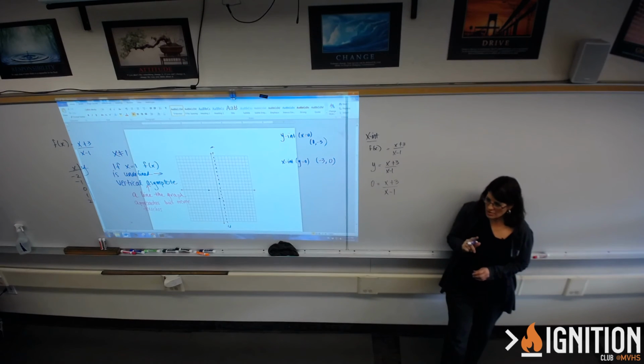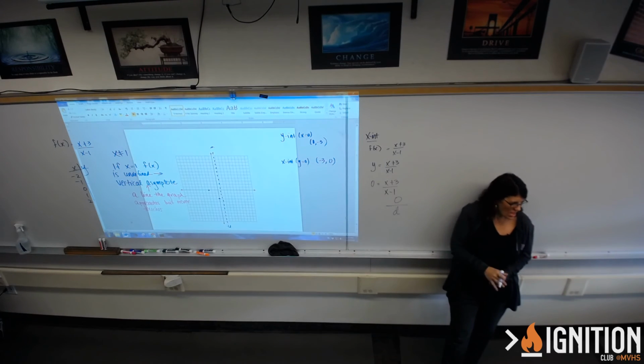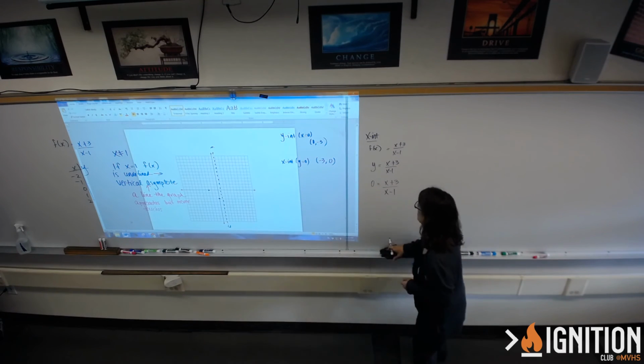If the numerator is 0, isn't the whole fraction 0? D for denominator. If the numerator is 0, the whole fraction is 0. If the denominator is 0, then we have... How do you solve this?